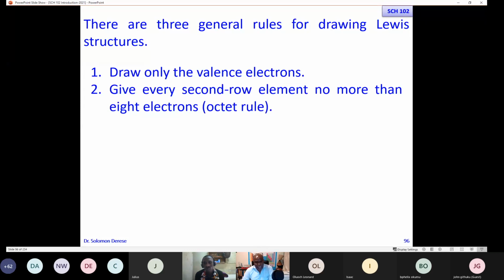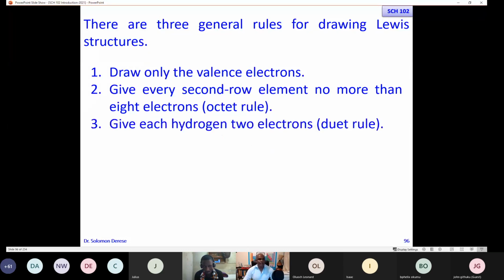Then you share these valence electrons among the elements involved in bonding. You should not put more than 8 electrons around atoms in the second row of the periodic table, like carbon, nitrogen, oxygen, fluorine, or around the halogens, because these elements get involved in chemical bonding to have an octet of electrons.